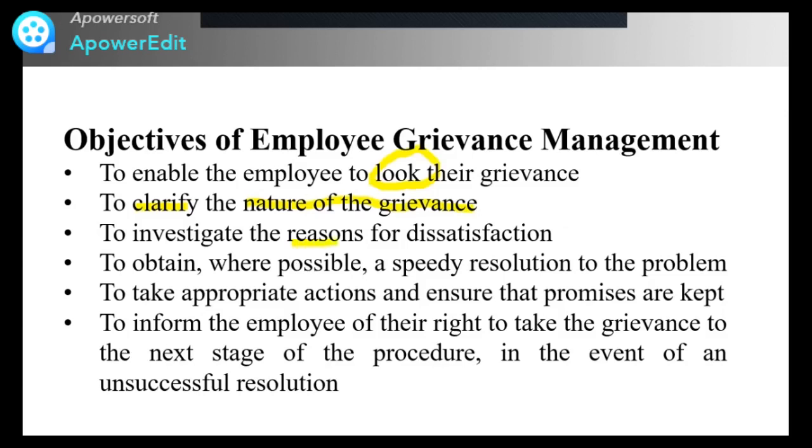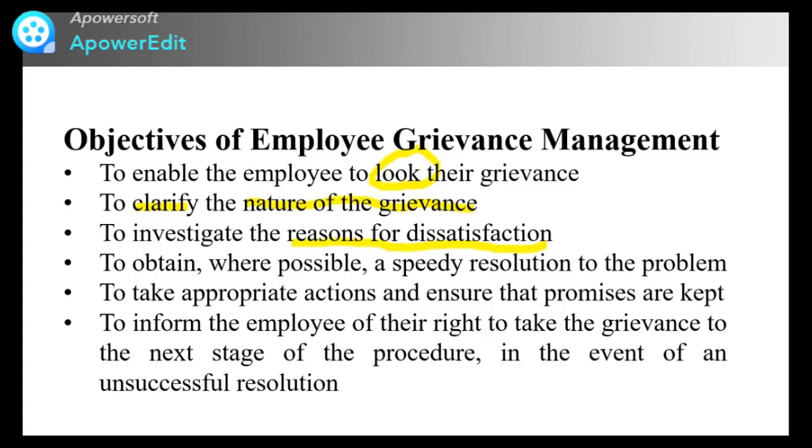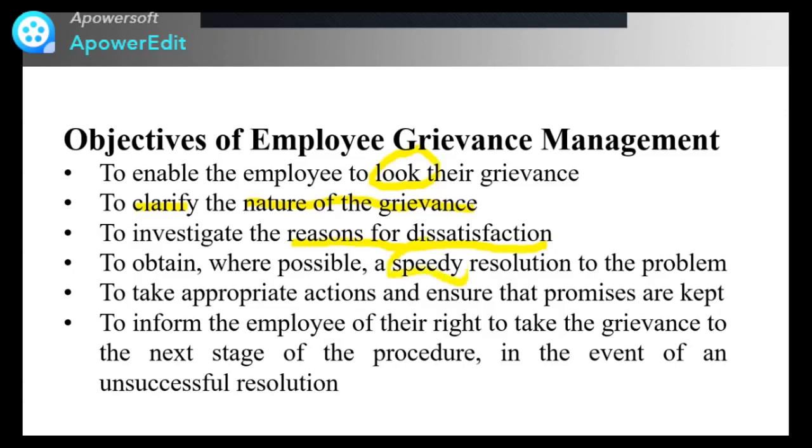What are the reasons for my dissatisfaction? Then the fourth one, to obtain, where possible, a speedy resolution to the problem. Speedy means within a short time period we can get the solution.